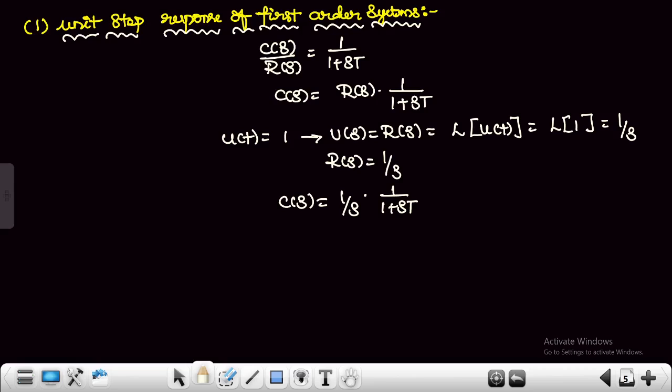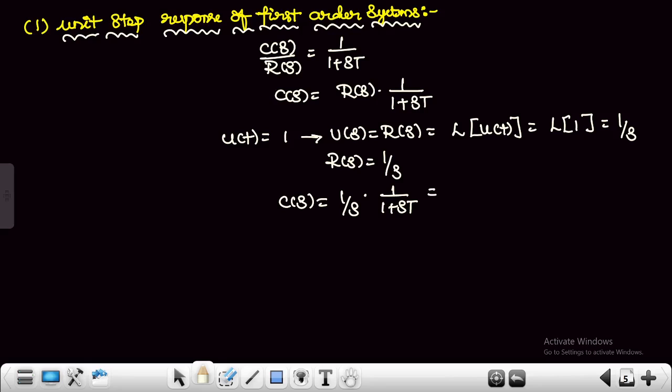See here how to separate these terms by using partial fractions. Before going to that, I am going to write this equation in time domain form so that we can get it very easily.